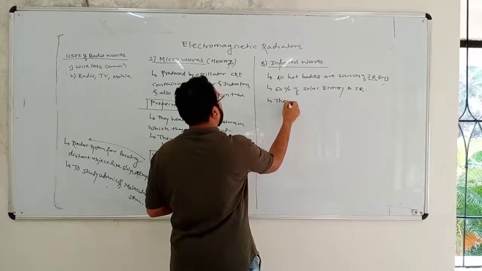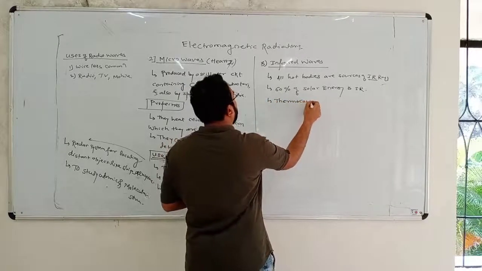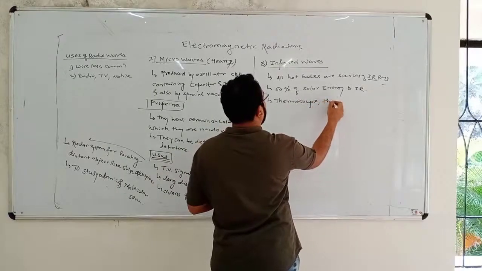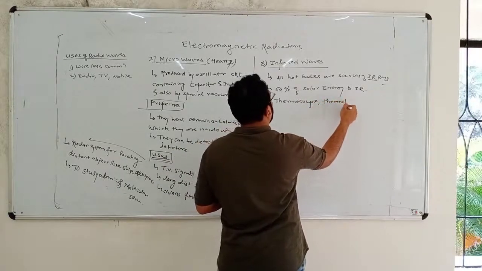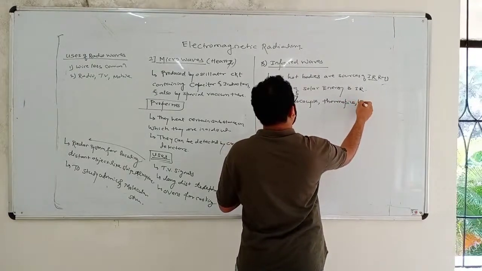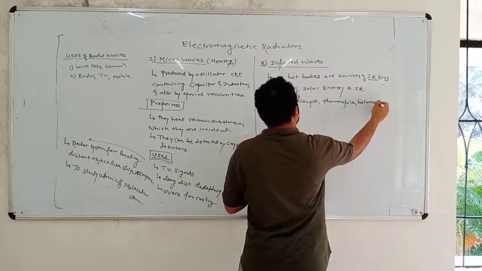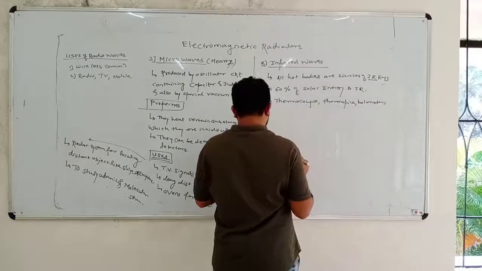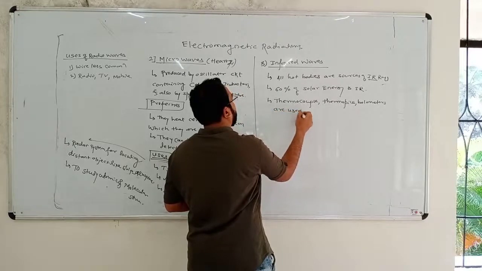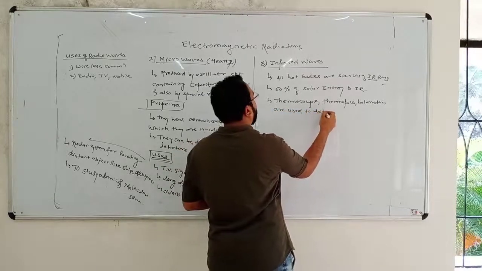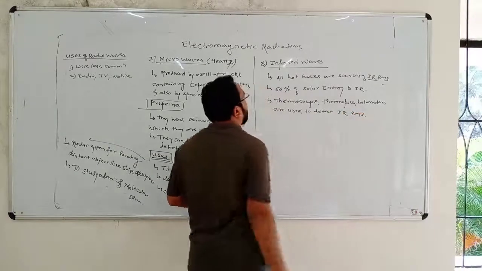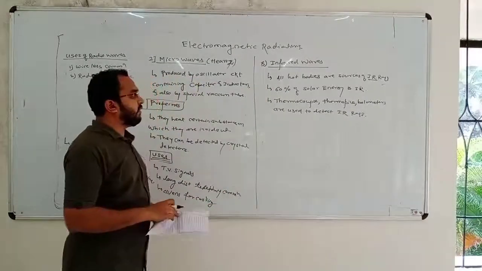Thermocouple, thermopile, bolometers are used to detect infrared rays. These are the devices which are used to detect infrared rays.